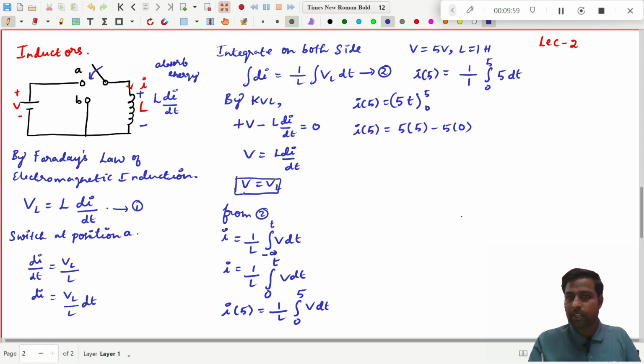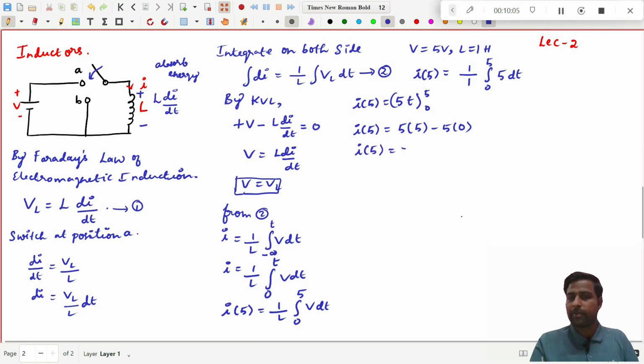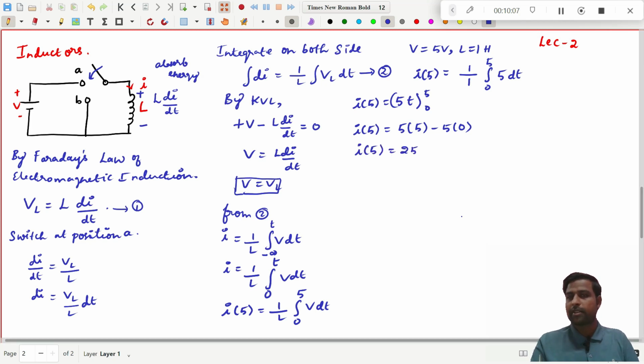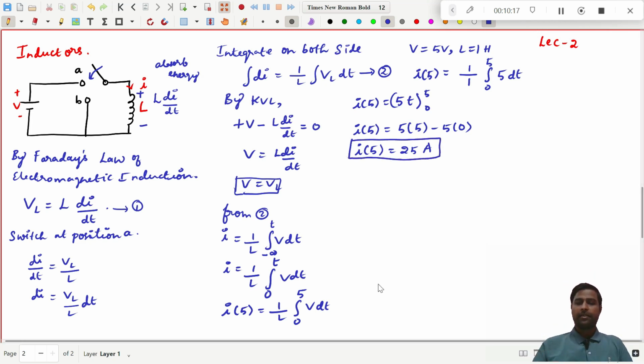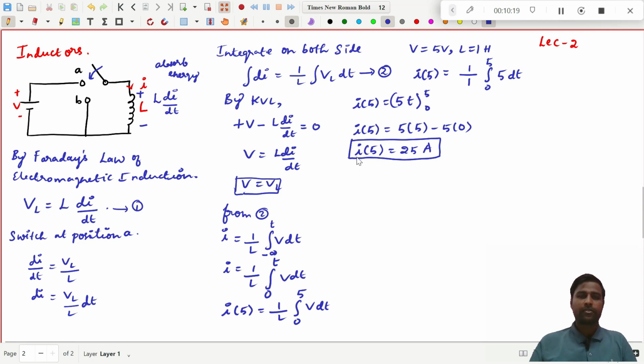I'm just substituting the upper limit and lower limit in this expression, and here you see I of 5 will be equal to 25, right? This becomes 0, and this is the final expression for the inductor current. So I at 5 seconds becomes 25 amperes, right?